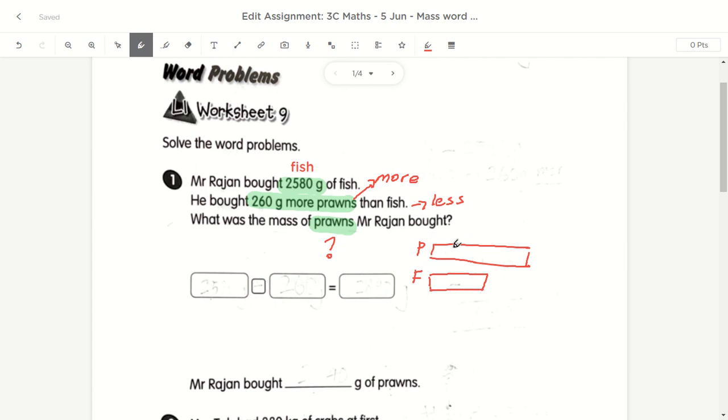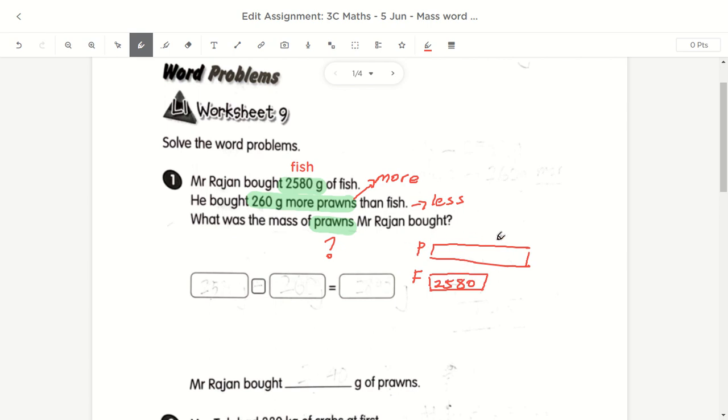Of course, using ClassKit, you can use the line function or you can just draw freehand, but make sure that you can understand what you're drawing. All right, so he bought 2,580 grams of fish, so I know this is 2,580. Again, same thing, I will leave out my units. I'm going to put them at the end. So the fish is 2,580.